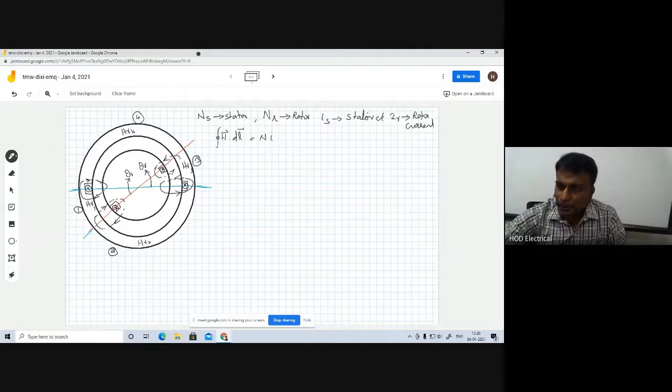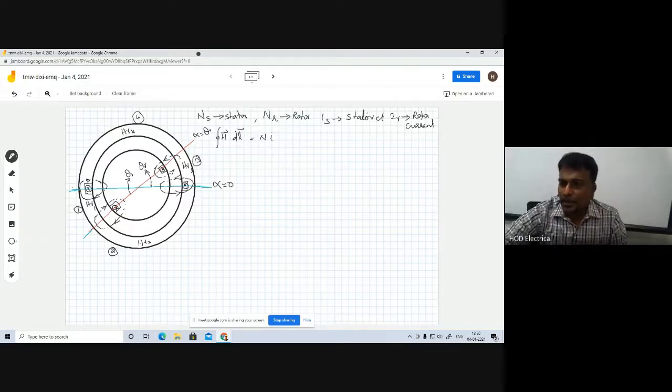If we take this as the reference, alpha equal to 0, this is alpha equal to theta, then here alpha equal to pi minus theta, then alpha equal to theta again, then alpha equal to pi minus theta. So this is the way of choosing this alpha. I am now taking this reference angle alpha equal to 0.